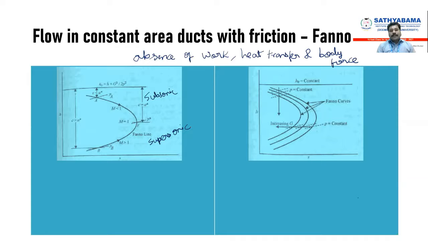For subsonic flow, I am considering a constant area, and initially the flow is subsonic, and at the end of the duct it becomes sonic. In supersonic flow, initially you have supersonic flow, and at the exit of the duct you obtain sonic flow. This is due to friction. You have a constant area duct, but the flow changes due to friction.